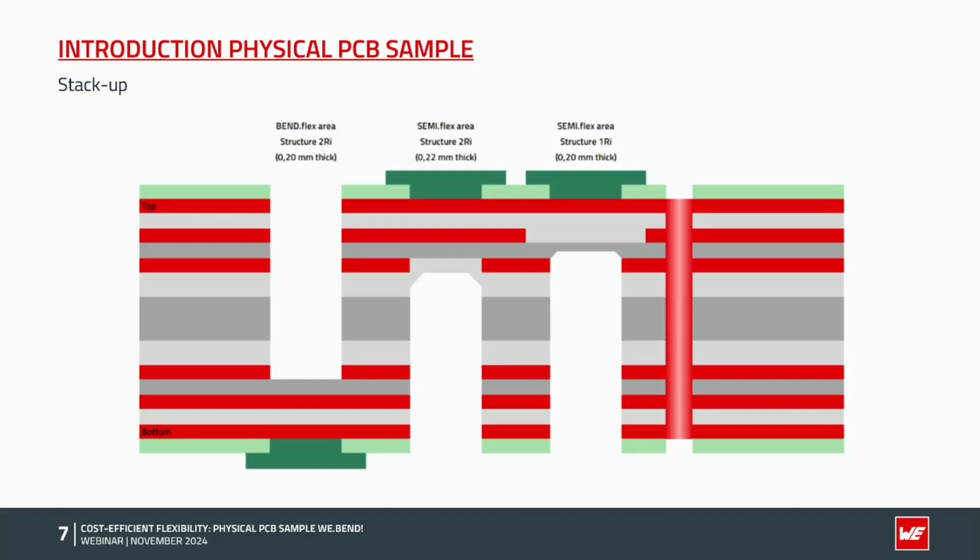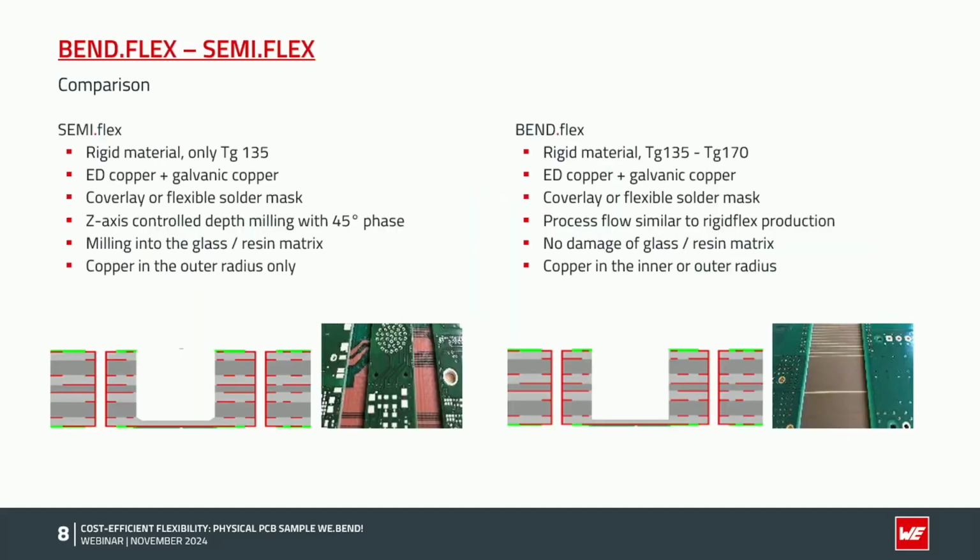So if we compare bend flex and semi-flex, then we have main differences between those two technologies. One big point is the material. For semi-flex, we can use only TG135 base material, because the material with a higher TG has different filling materials in it and is more stiff.